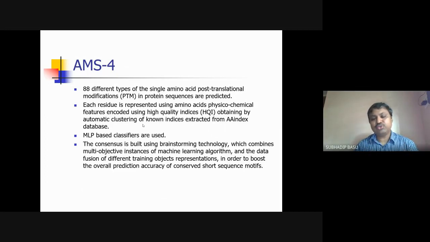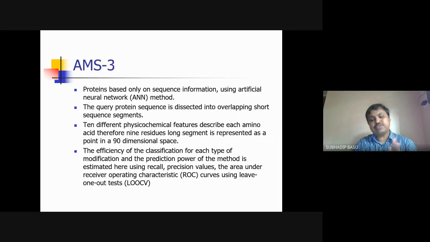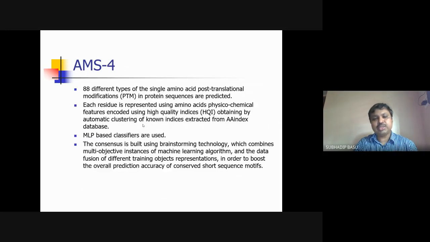You will have to very carefully read both the AMS-3 paper as well as the AMS-4 paper that is supplied with this, and you need to understand how these classification mechanisms work, especially in the case of AMS-4, because AMS-4 by and large is a superset, and the AMS-3 work was mostly improved by AMS-4. So if you study AMS-4, more or less you will understand the AMS-3 work.